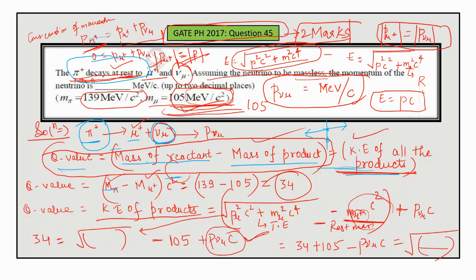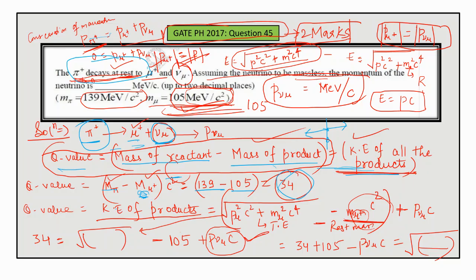Because neutrinos are massless particles. So we have only two. This is pion minus muon. So 139 minus 105. Why am I not including c square here? Because c square will cancel, because muon and pion masses are given in terms of MeV by c square. So I'll get 34.